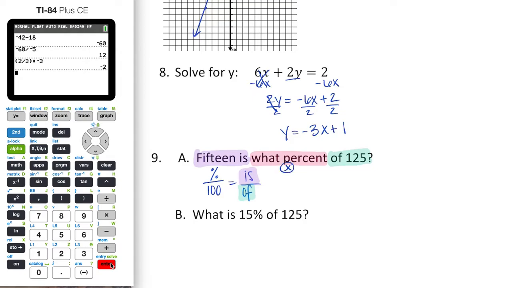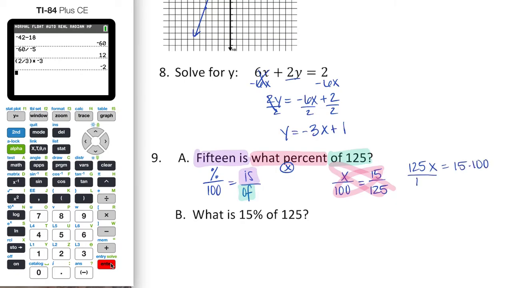It's our unknown. So we're going to have x over 100 equals is, which is 15, over of, which is 125. So we are going to cross multiply. So 15 times 100, x times 125. So 125x equals 15 times 100.